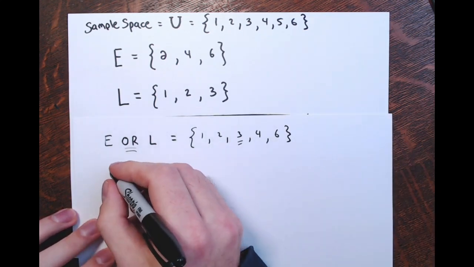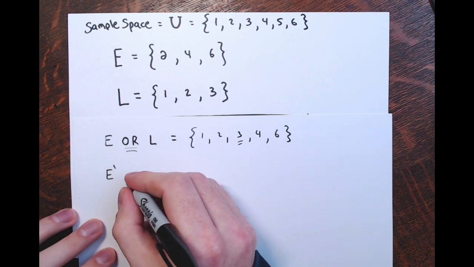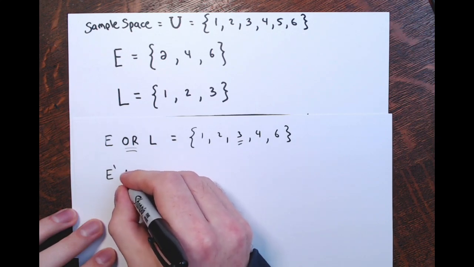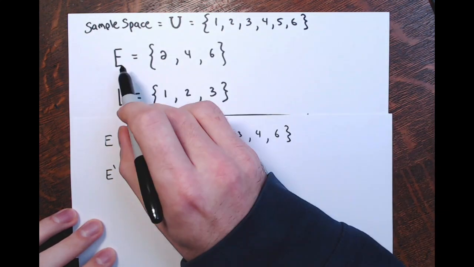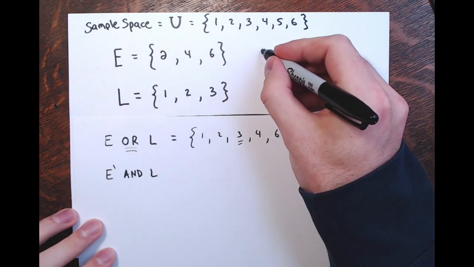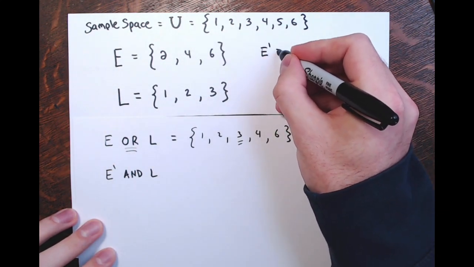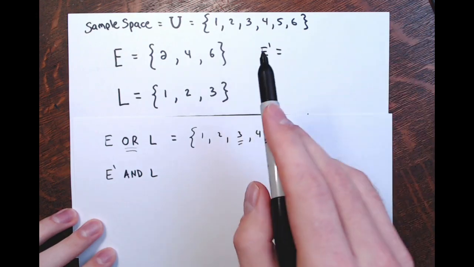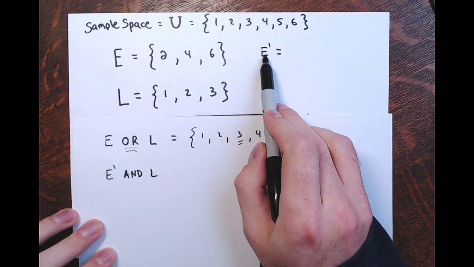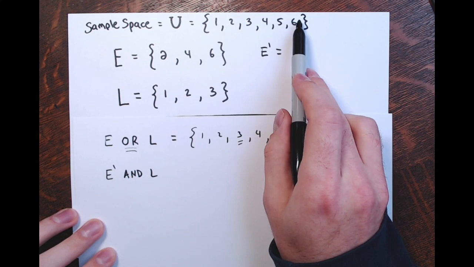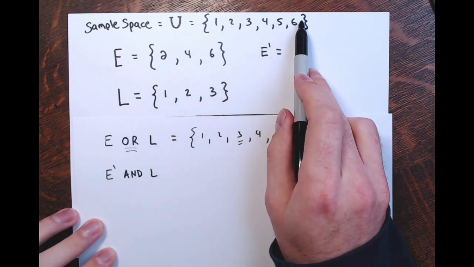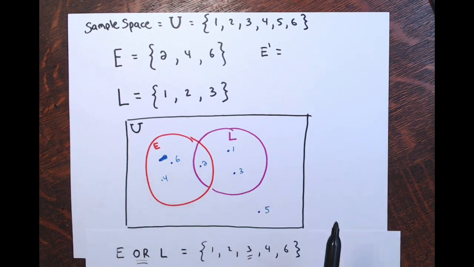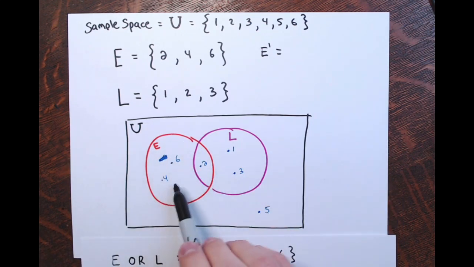The next one is not E and L. If this is E, then not E. Remember, not an event is everything in the sample space that isn't in that event. So everything in U here, everything in the whole box, that isn't in E. So 1, 3, and 5.